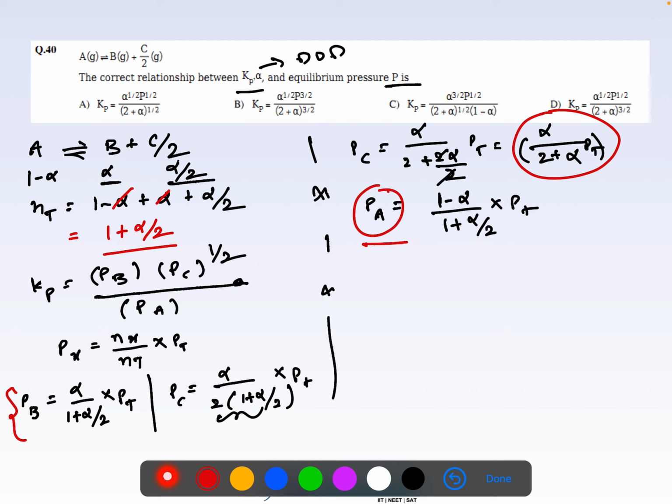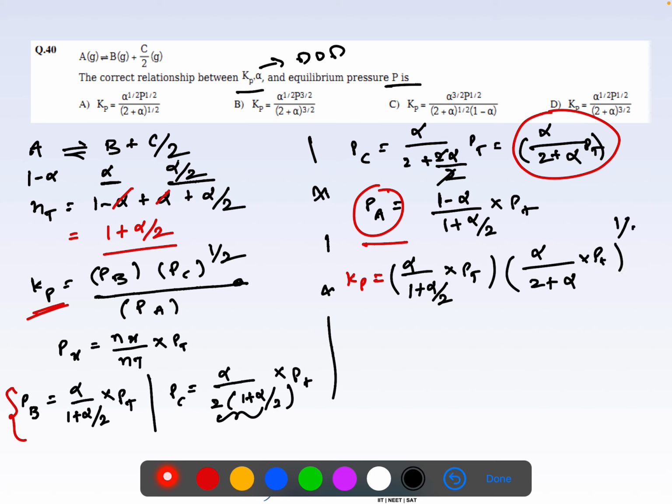Now I will substitute this in the equilibrium constant Kp. Kp will be equal to the partial pressure of B, which is alpha divided by 1 plus alpha by 2 into P total, and the partial pressure of C is alpha divided by 2 plus alpha into P total, to the power of, divided by the partial pressure of A, which will be 1 minus alpha over 1 plus alpha by 2 into P total.